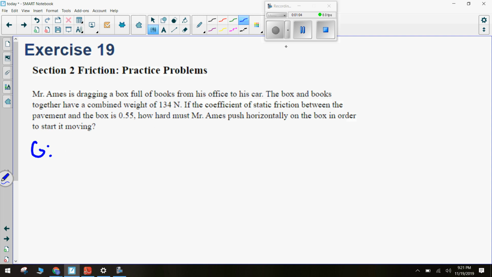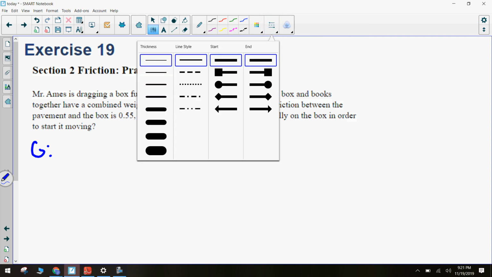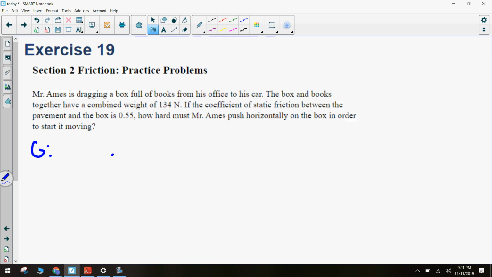So our givens should look like this. This is my free body diagram. I have the weight pushing down of 134 newtons. This box isn't falling through the ground.